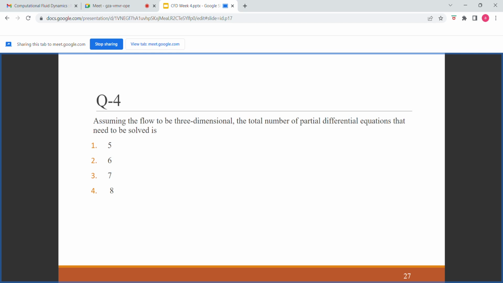And we'll be getting the species conservation equation. In the species conservation equation, it would be ns minus 1, where ns is the number of species, that is 4 minus 1, 3. So one continuity equation, plus 3 momentum conservation equations, 4, and energy equation, 5, plus 3 species conservation equations. So the answer to this problem is 8.